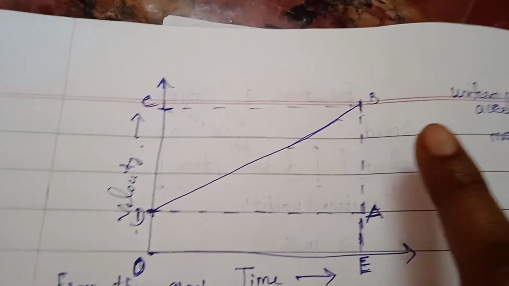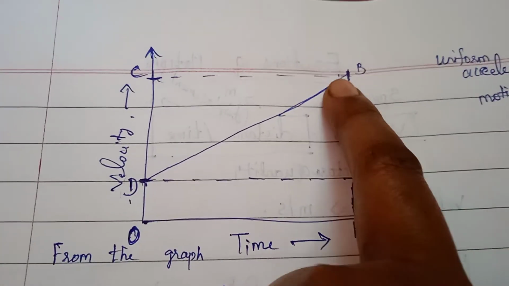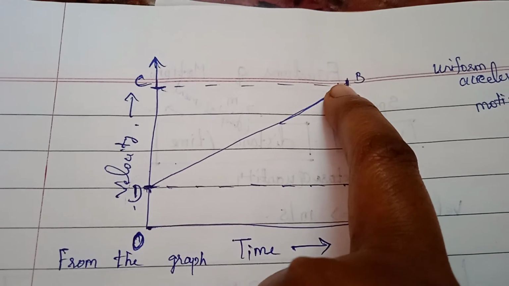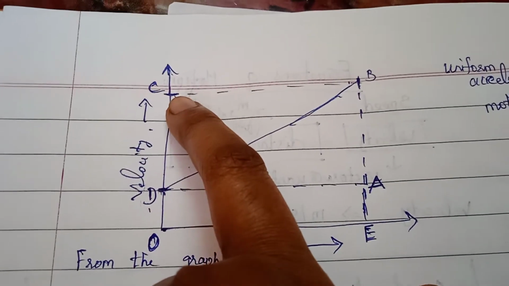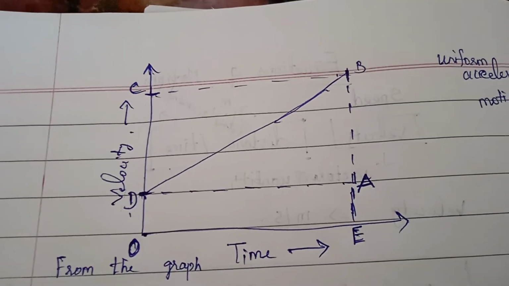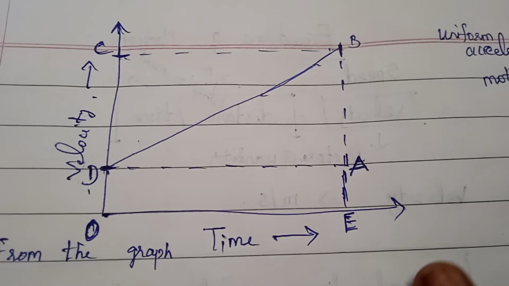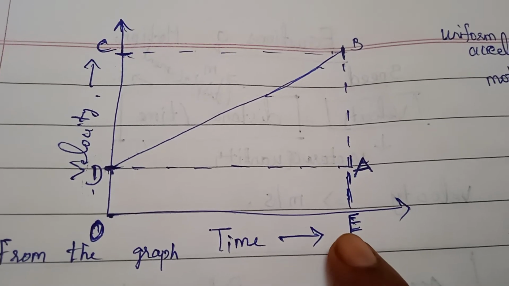The velocity at the reaching point, you can take as C. And at that particular point B, the time is taken as E.